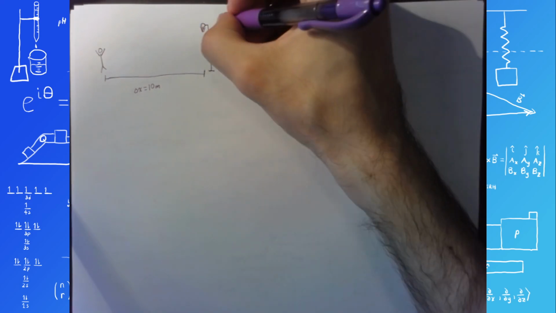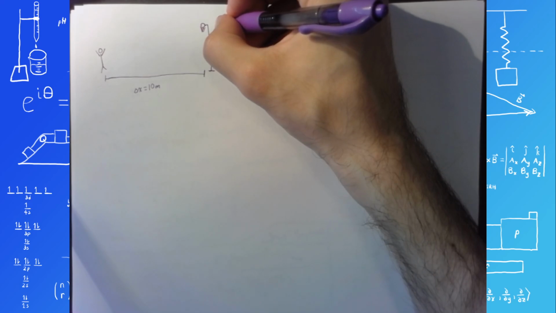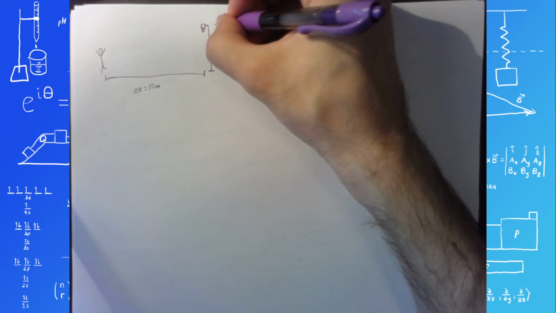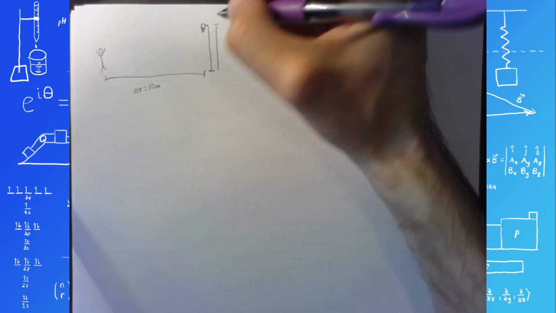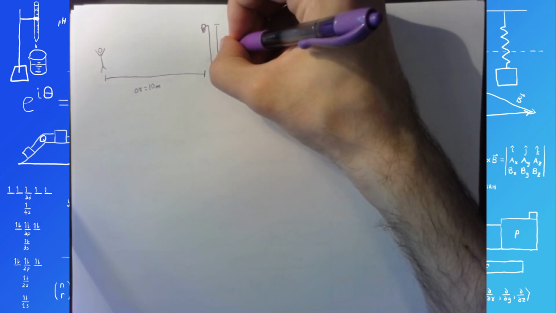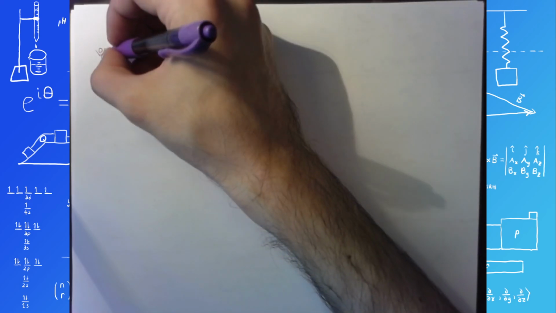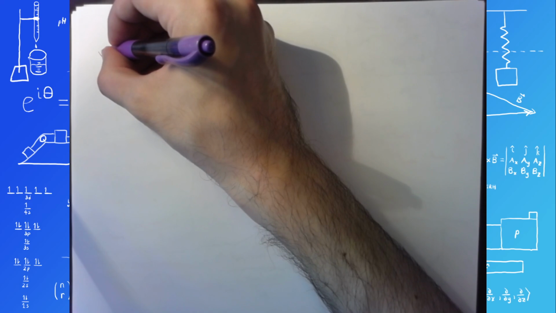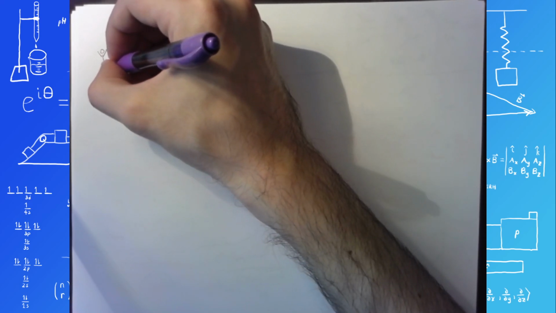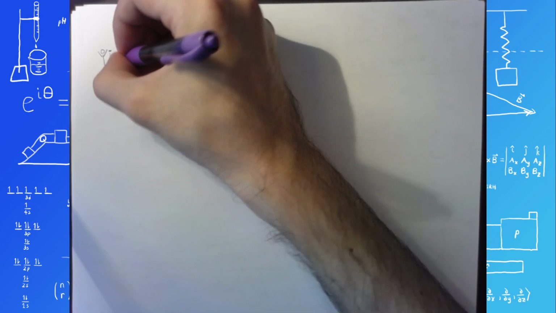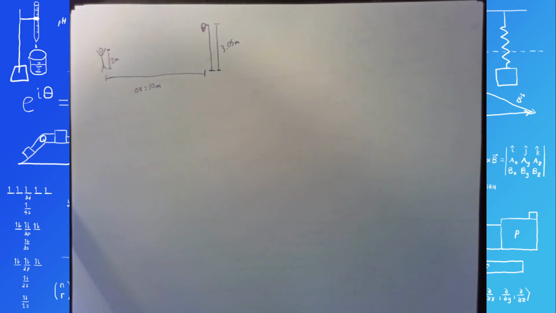And that basket is 3.05 meters from the ground according to the diagram. 3.05 meters. And the basketball player is, of course, 6 feet tall, or 2 meters, give or take.